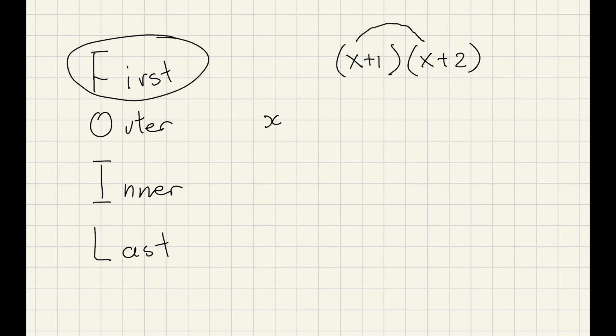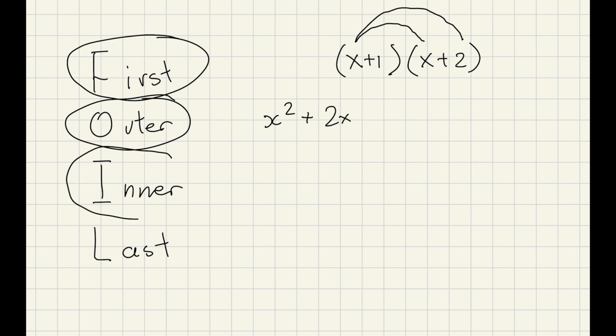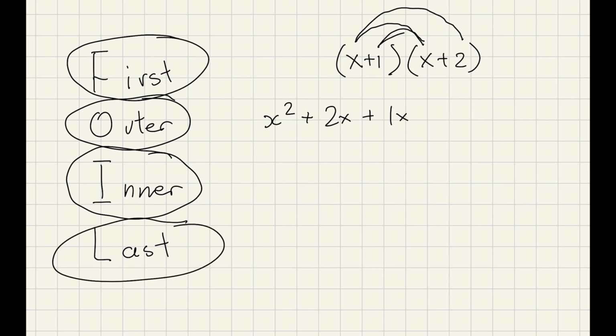So we get x squared. Then we take the outer. We're going to take the first term times the outer of the second bracket. Then we're going to take the inner, which is the inner term times the first of this bracket. And then we're going to take the last, which is the last term times the last term.